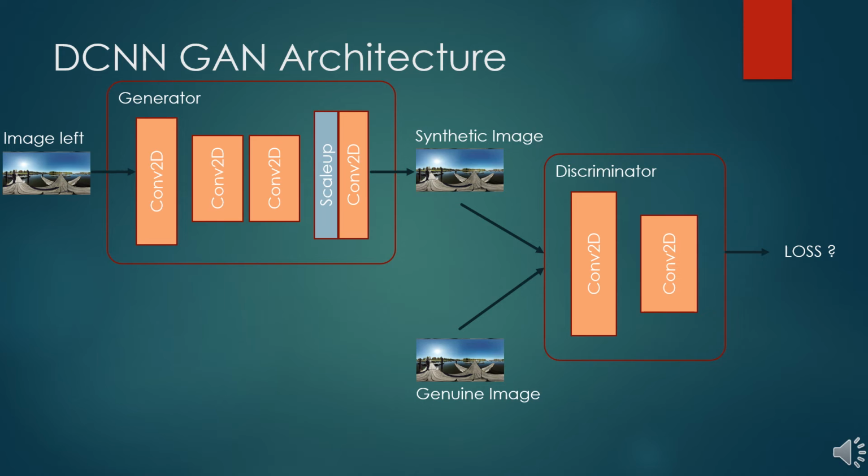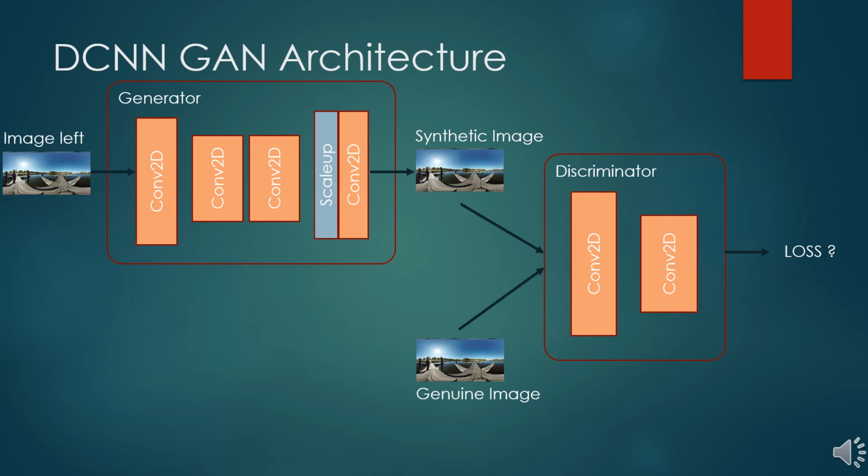The job of the discriminator is to distinguish between these two images. Based on this setup, the generator will try its best to create a synthetic image that matches the ground truth, and the discriminator will try its best to distinguish between the true and the fake, and this process in the end will improve the image quality of the generator.